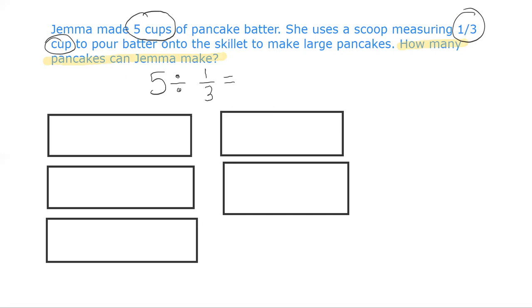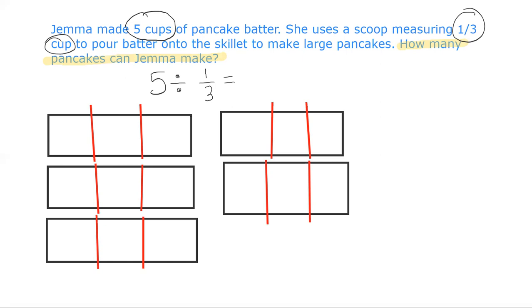So I'm going to take each rectangle that represents 1 cup of batter, and I'm going to divide it into 3 pieces. And this is going to help me figure out my answer.